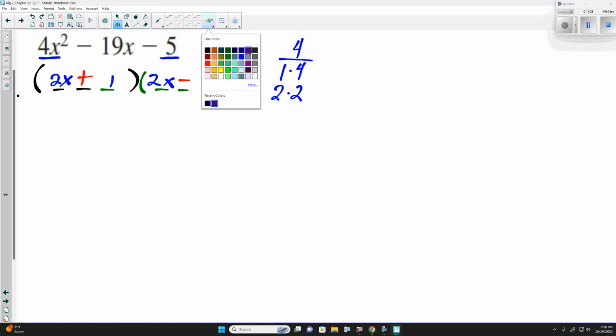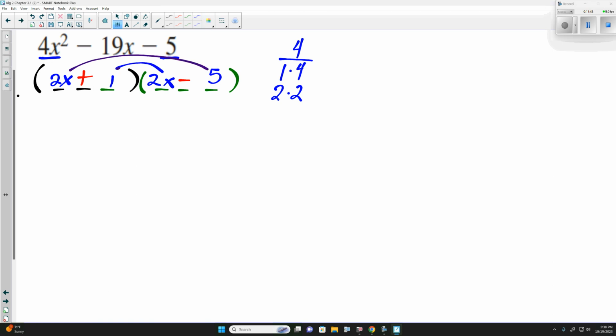And the last thing we need to do is to check. 2x times negative 5 is negative 10x. 1 times 2x is plus 2x, which gives us negative 8x. Changing the 1 and 5 will change the answer, but it will just make it go from negative to positive 8x.